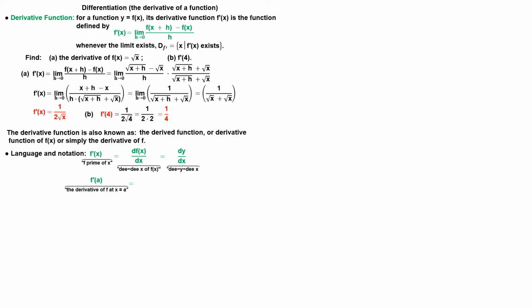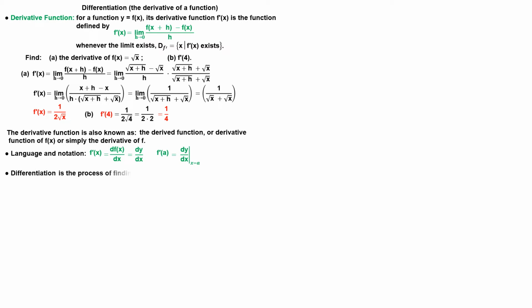This notation is read as the derivative of y with respect to x evaluated at x equals a. During your calculus course, you will often hear the word differentiation. Differentiation means the process of finding the derivative of a function.